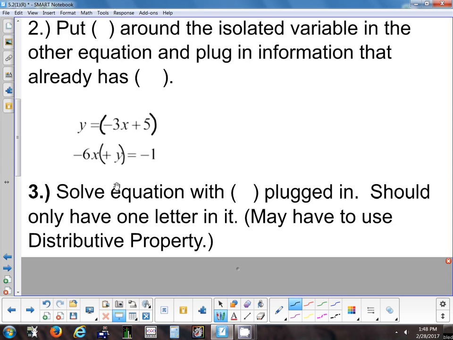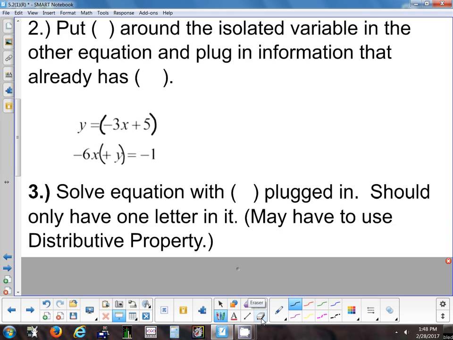So now, I'm going to solve the equation with the information from the parentheses plugged in. Big important thing here, guys, is it should only have one letter. The variables in that equation should be the same.